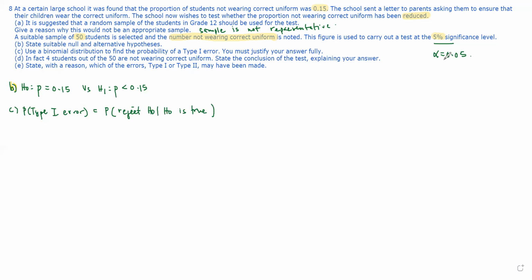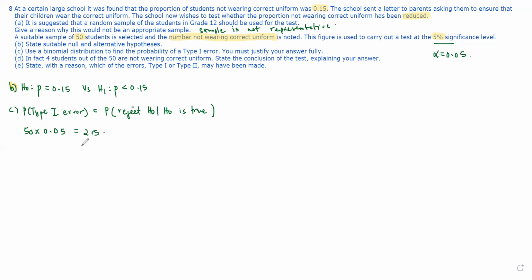We reject at the 5% significance level. Sample size is equal to 50. So let's say 50 times 0.05, that is 2.5. When the number of students not wearing correct uniform is around 2.5, we would reject the null hypothesis.